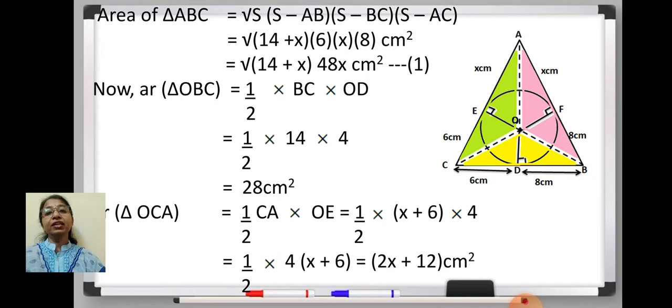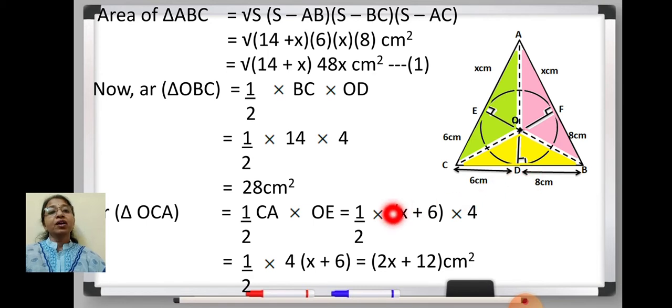Now secondly, let us find out the area of triangle OCA. OCA, which color? Green color triangle. Again apply the formula half base into height. So half base is AC and height is perpendicular length OE. Substitute the values.